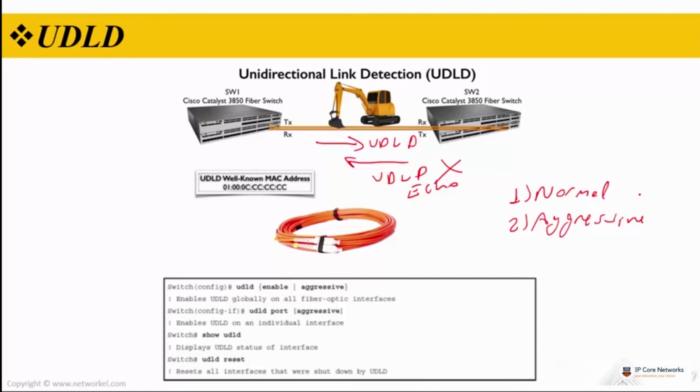But in aggressive mode, when there is a problem, the switch starts to check whether the link is up, and it generates 8 messages in total. If none of these messages return a response, the port is taken to error-disabled mode and blocked.